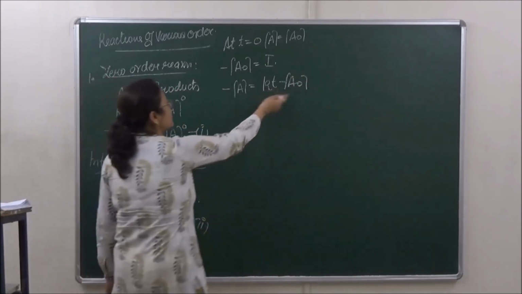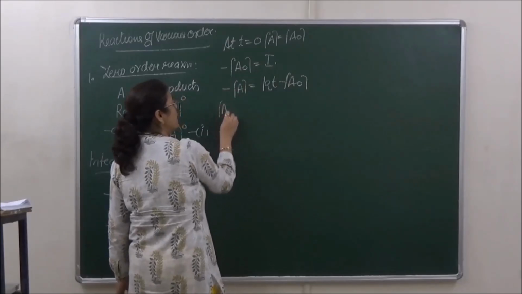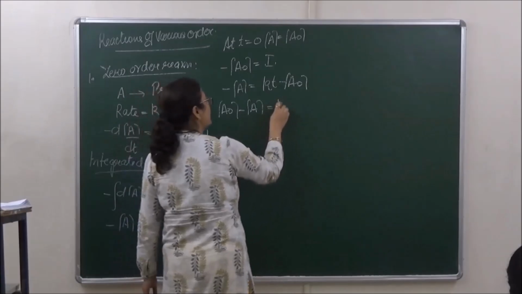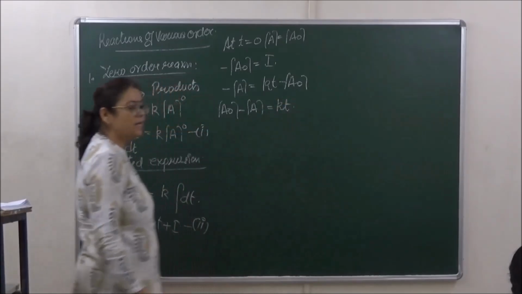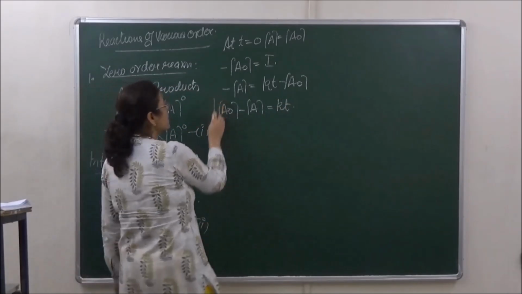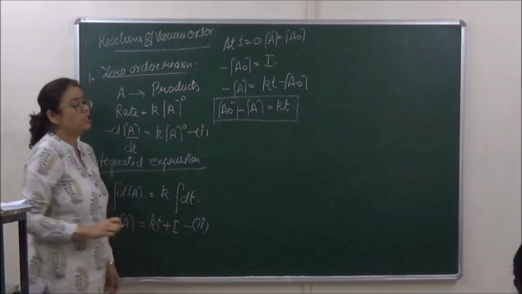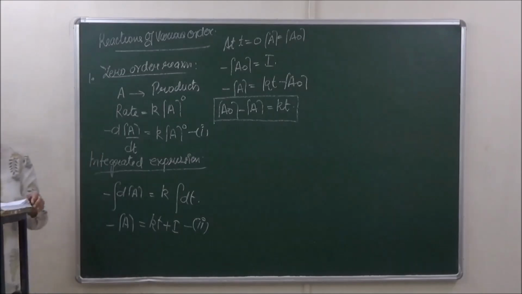Let's get A naught on that side. So we have A naught minus concentration of A equal to kt.